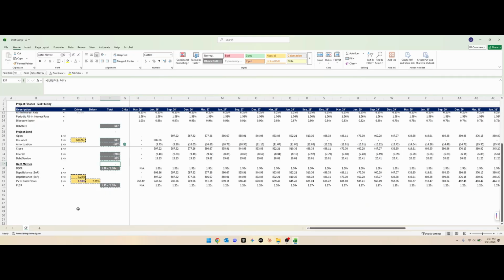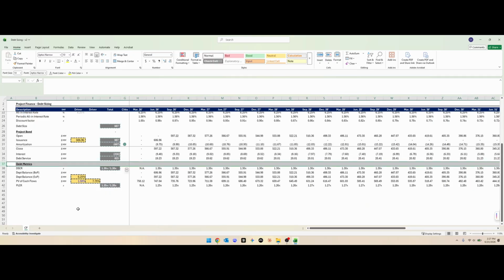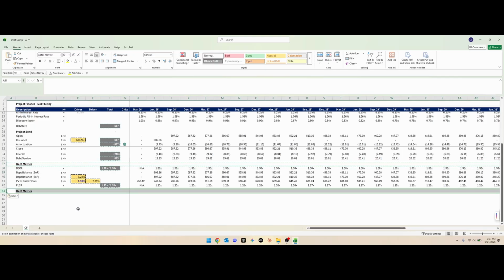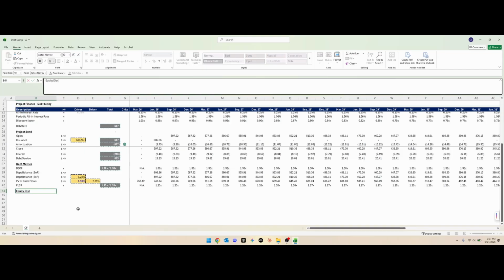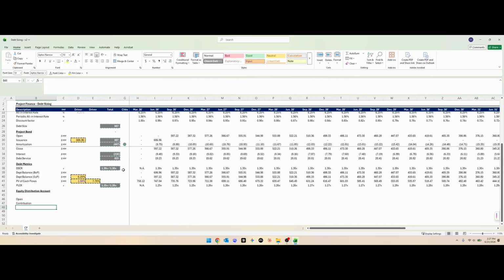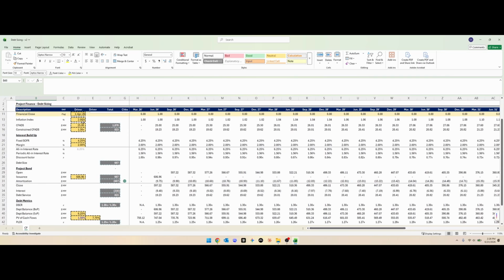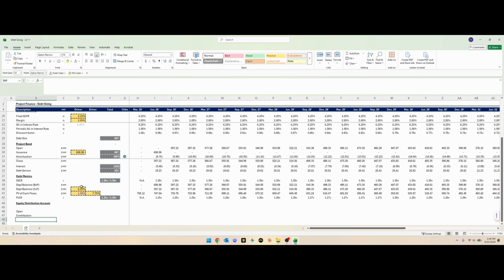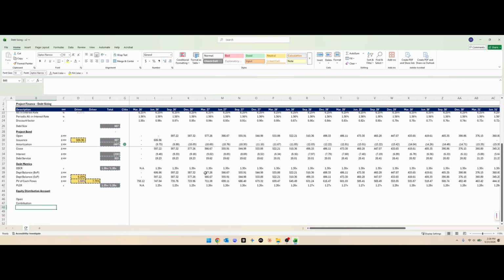Next thing we're going to do quickly is build an equity distribution account. An equity distribution account governs whether we can distribute cash flows in project finance. There's a DSCR that we need to size on, but there's also a distribution condition you need to meet in order to distribute cash on hand.